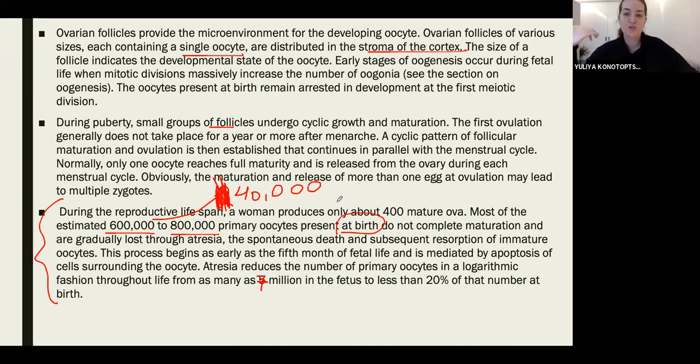We started with 7 million when you were a 5th month old embryo, to 800,000 when you were born, to 40,000 when you start puberty. And even out of this 40,000, every month you still choose 15 to 20, but only one of them will mature. So what will happen to the rest of them?